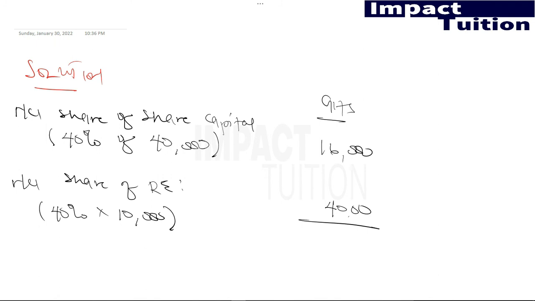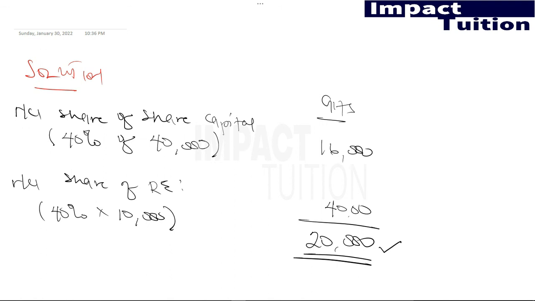So the value of NCI to include in our statement of financial position will be 16,000 plus 4,000, which will equal 20,000. 20,000 is the value of NCI to include in our statement of financial position.